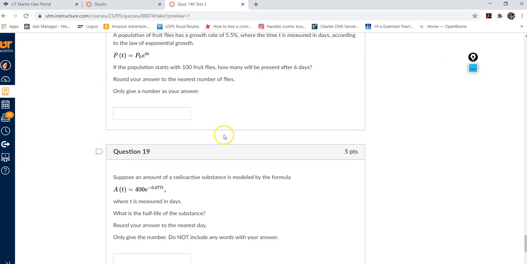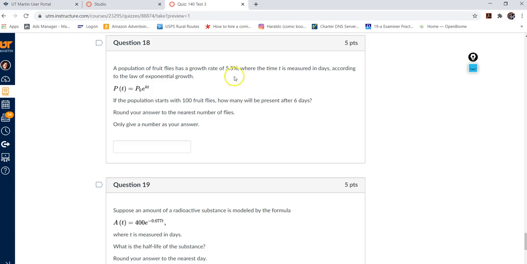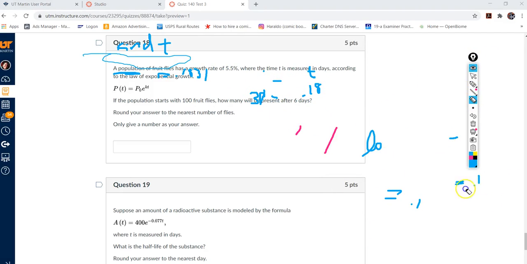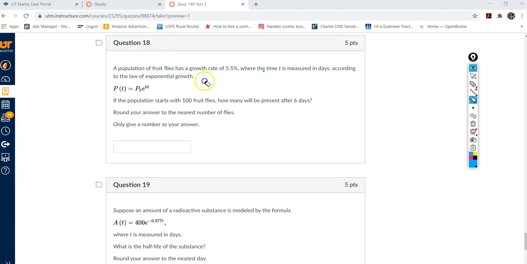Okay. All right. Population of fruit flies has that growth rate. Again, let me erase all of this. Okay, all right. So the growth rate, K, is 0.055. The time T is measured in days.